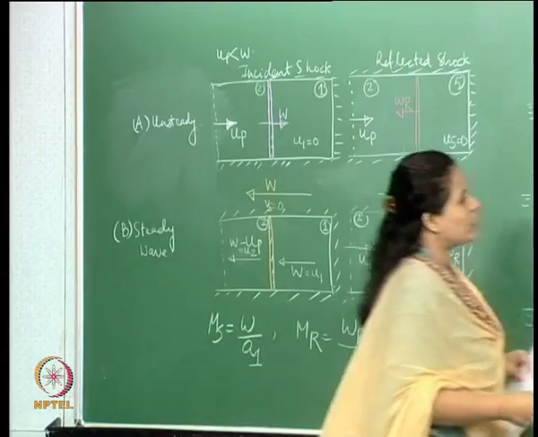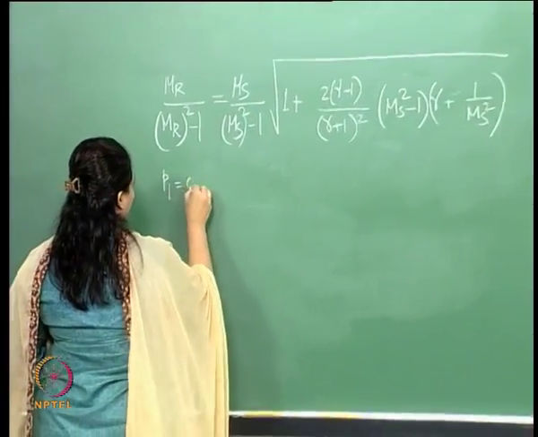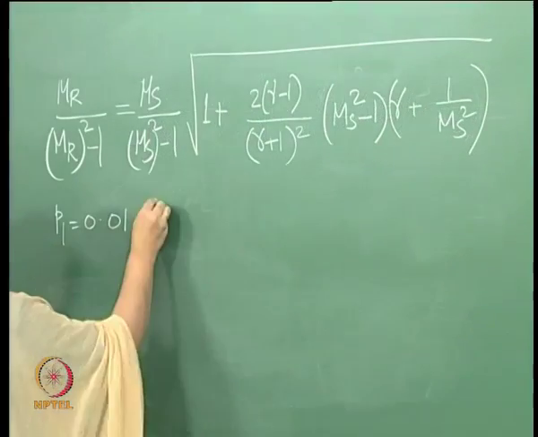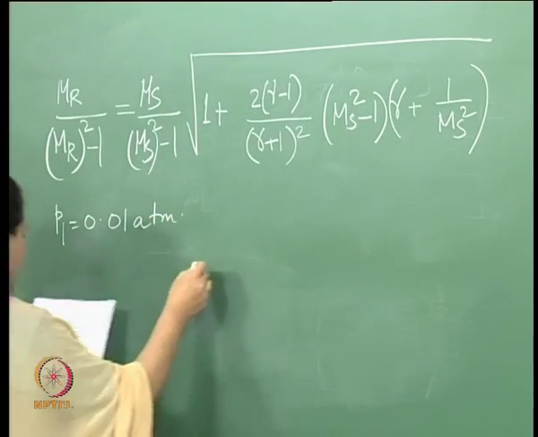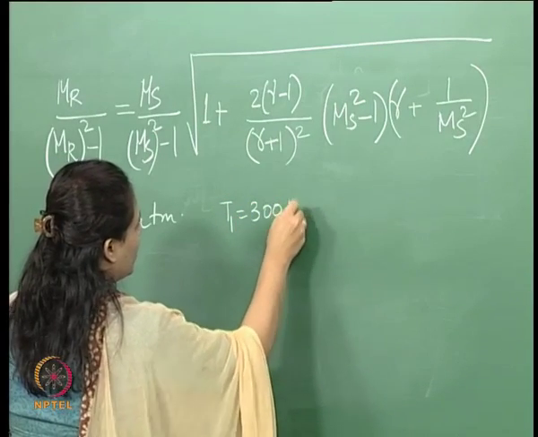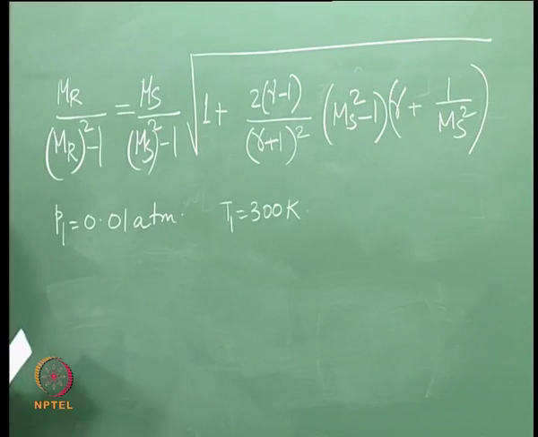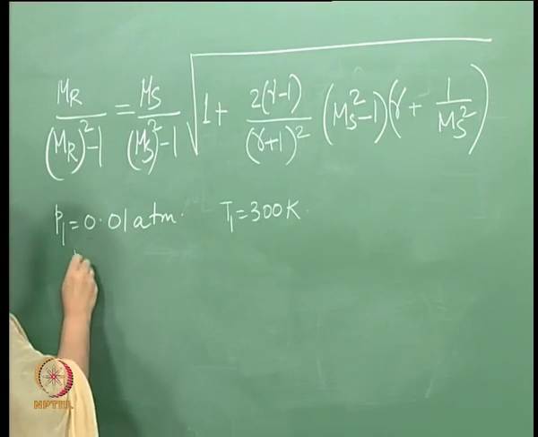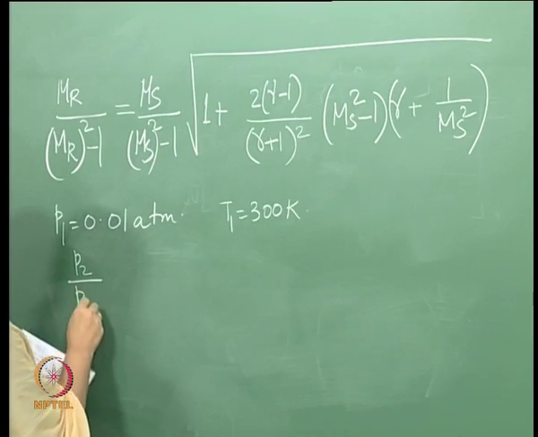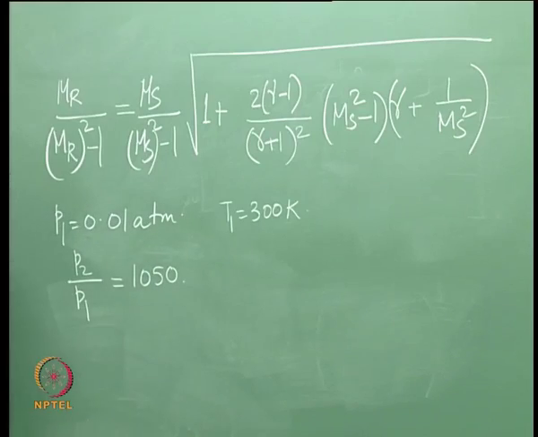Okay, so let's see what is given. So the problem here, P1 is given as this, okay, and T1 is given as 300 Kelvin. Okay, this is given, and the pressure ratio across the incident shock is quite large actually.